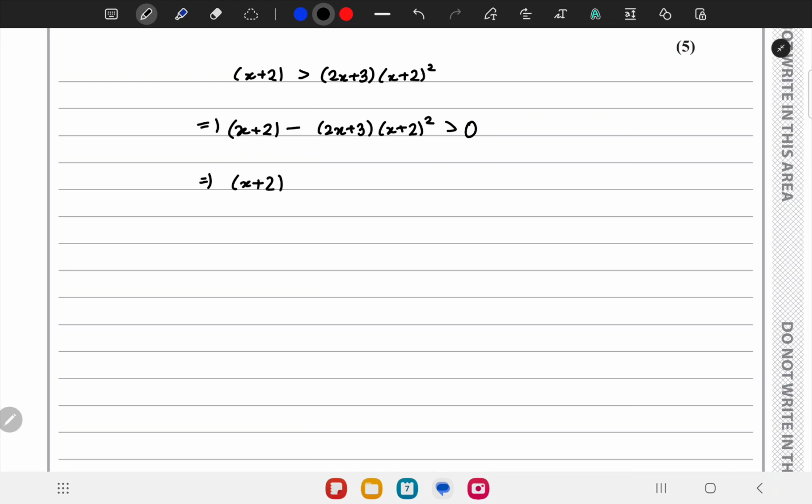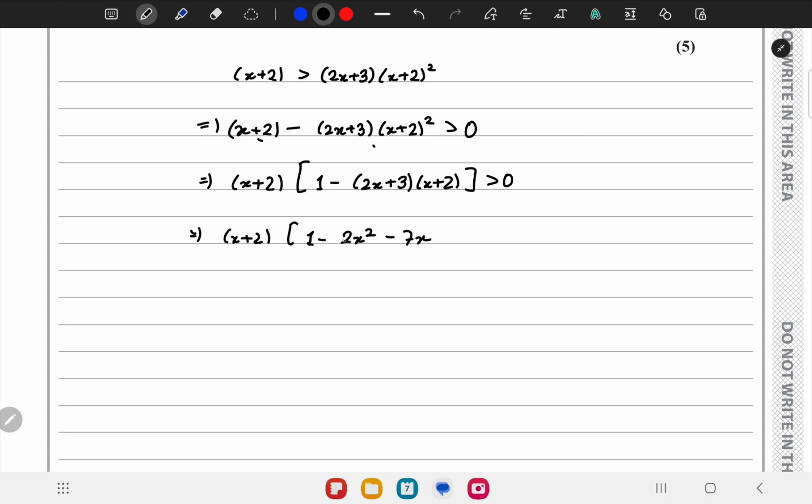So if we take x plus 2 common from both of them, we get 1 minus 2x plus 3 times x plus 2. So if we break this down now, we get a quadratic that we can work with. Here we get x plus 2, inside the bracket we'll get 1 minus 2x squared minus 4x minus 3x, so minus 7x.